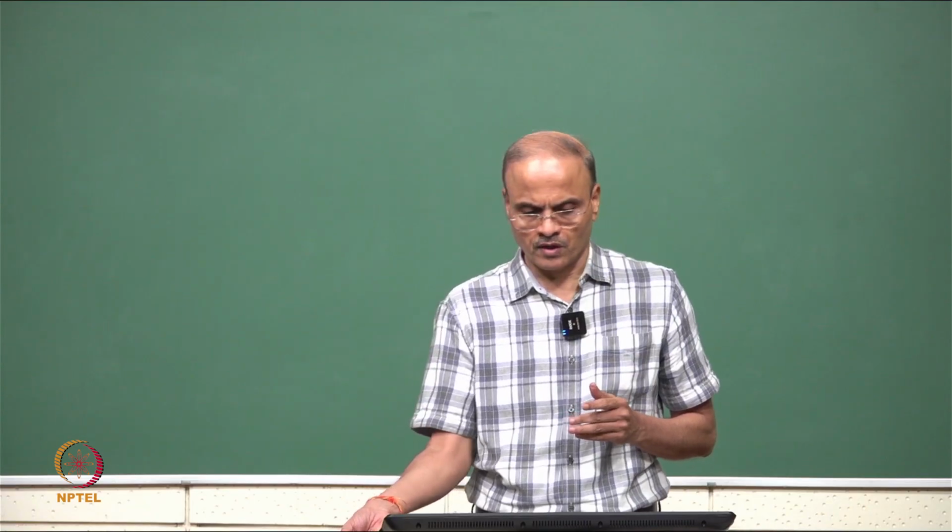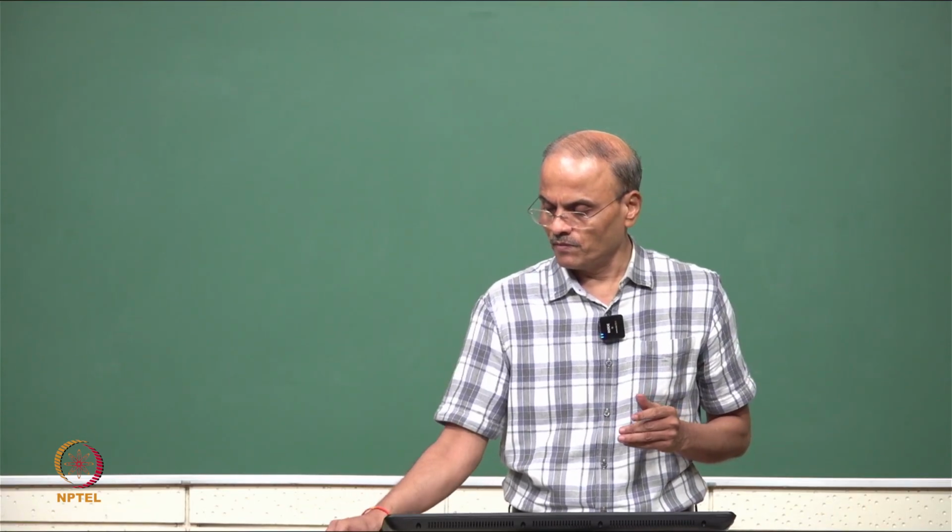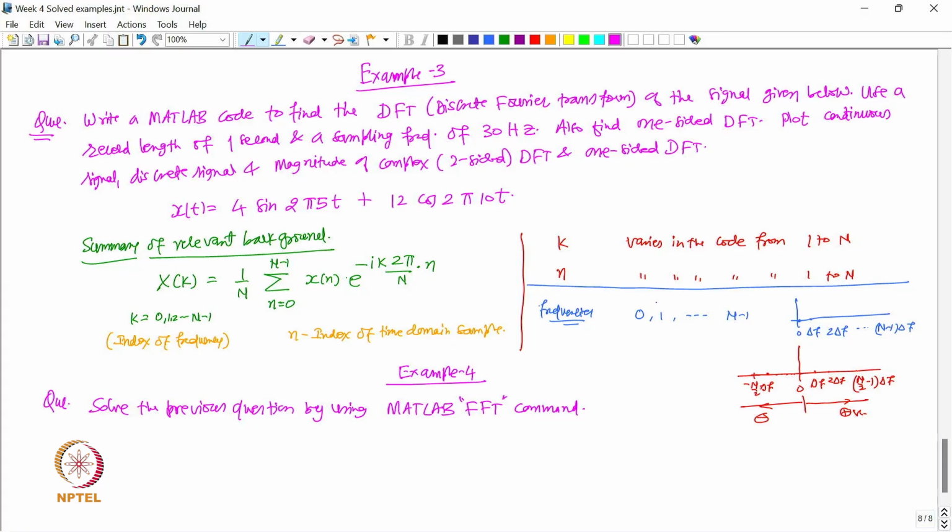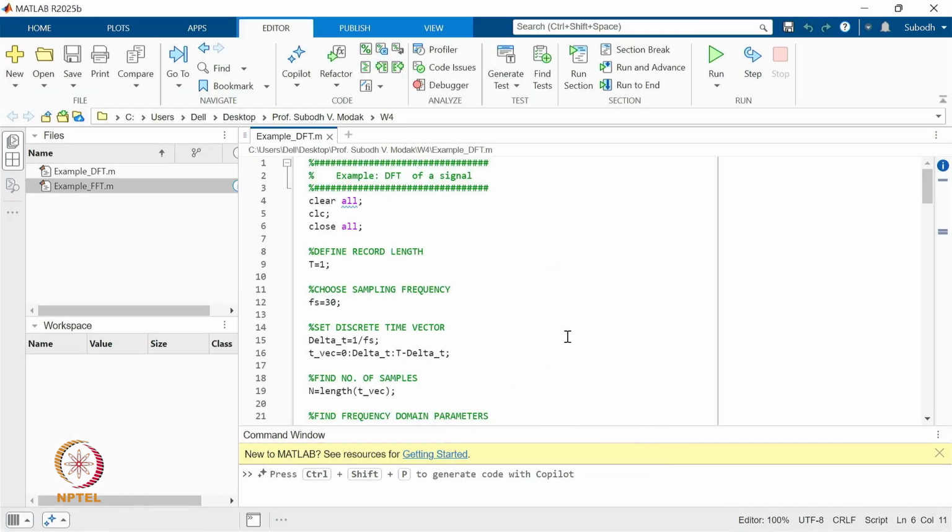So, let us now go to the MATLAB platform. You can see this is the first program which I have written for example 3, where we have to find the DFT of a signal.